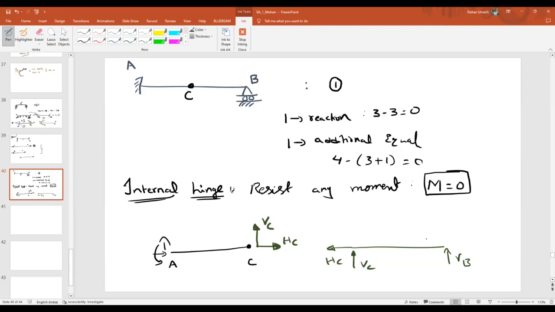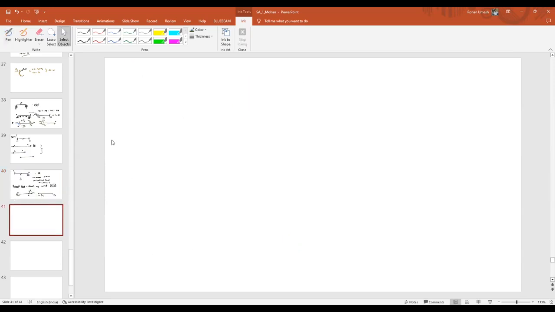Yes, sir. Now, before going to explain the determinacy or indeterminacy, first of all, I want to give you a small task. This is the internal hinge.